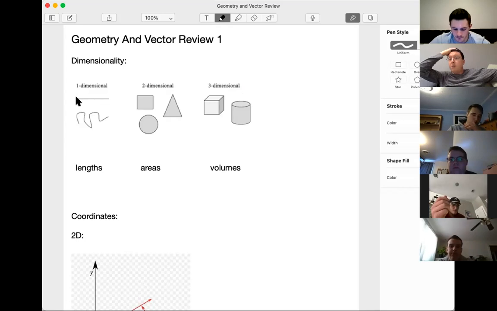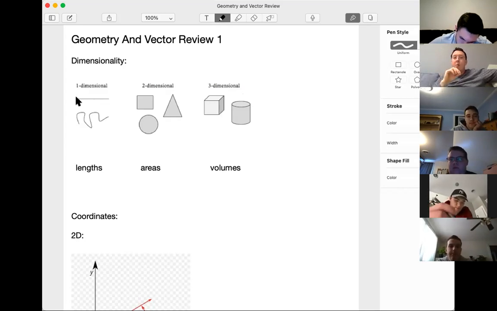The real way that I would say you tell the difference is how many numbers you have to specify to describe it. So in the one-dimensional case, you can describe where you are with one number, okay? Namely the length along the curve.